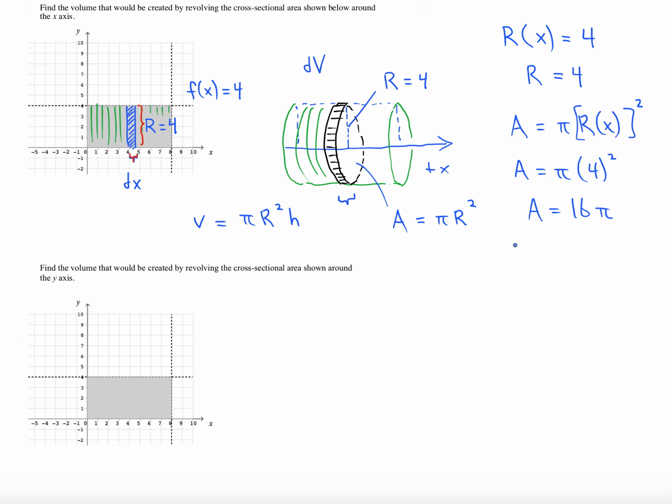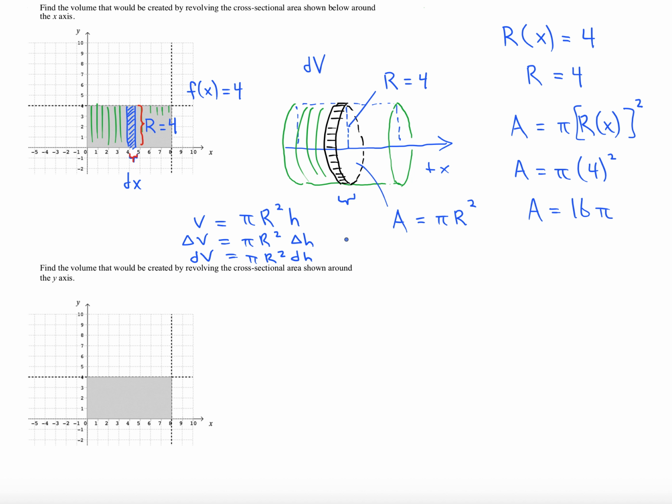But I don't want to put v equals here. I want to find a way to give a formula for dv. Okay, so whereas v equals pi r squared h, and delta v equals pi r squared delta h, what I want to write here is dv equals pi r squared dh. Now we have a relationship that's a differential relationship.